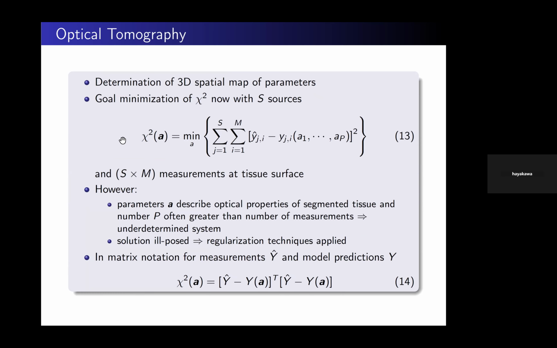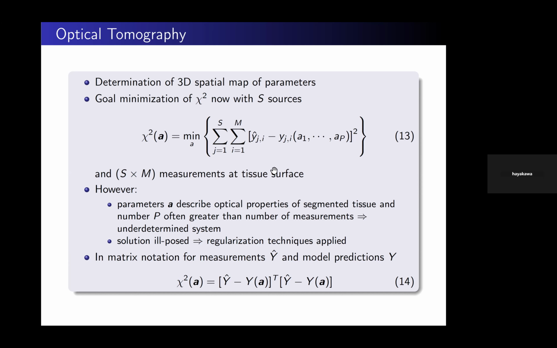Now we're looking for a 3D spatial map of optical properties, which means the chi-squared is going to have another summand in here. I actually changed this to be S times N. It's not dimension S times M. We have S times N measurements now, in his case 256.